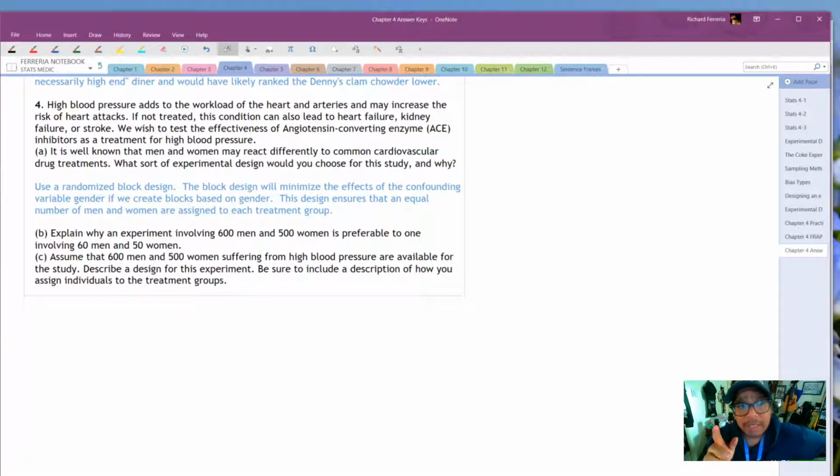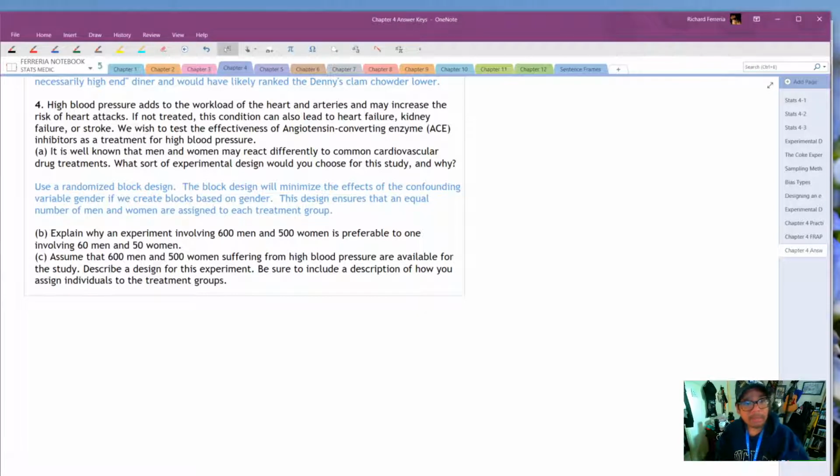Now, the block design is going to minimize the effects of the confounding variable gender, if, of course, we make our blocks based upon gender. So what's going to happen here is we're going to make sure that the number of men who are in treatment group 1 with the ACE inhibitor is the same as the number of men in treatment group 2, placebo.